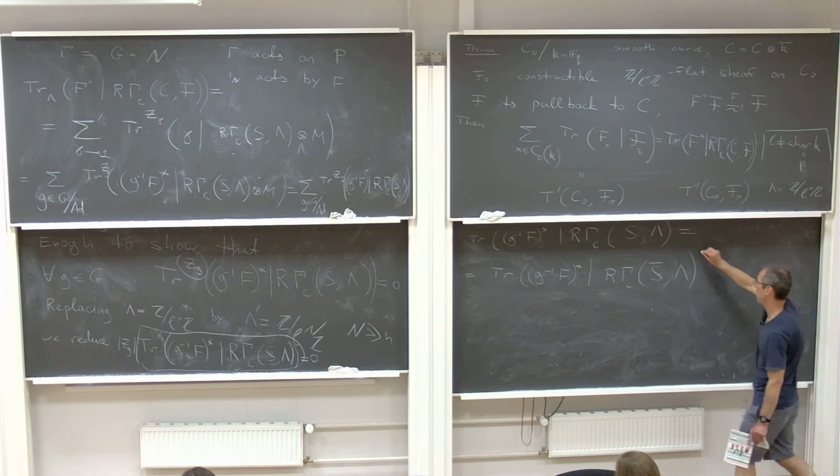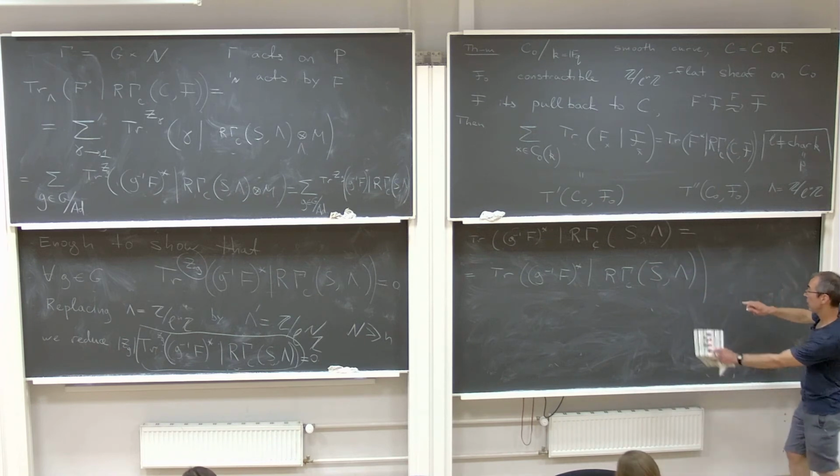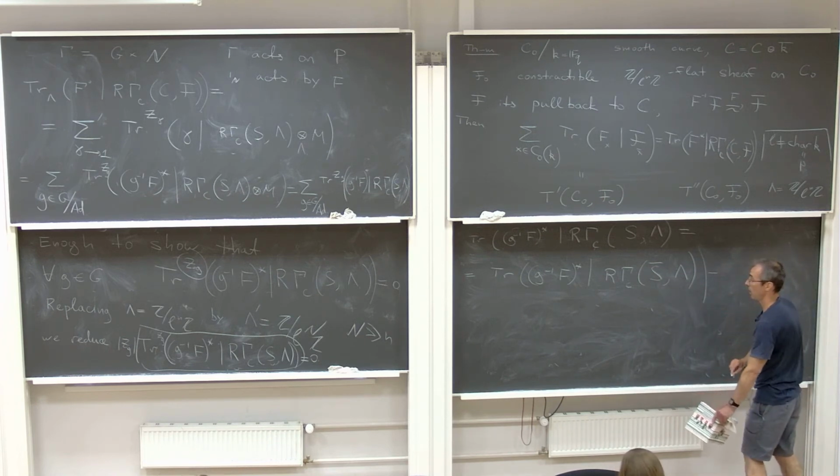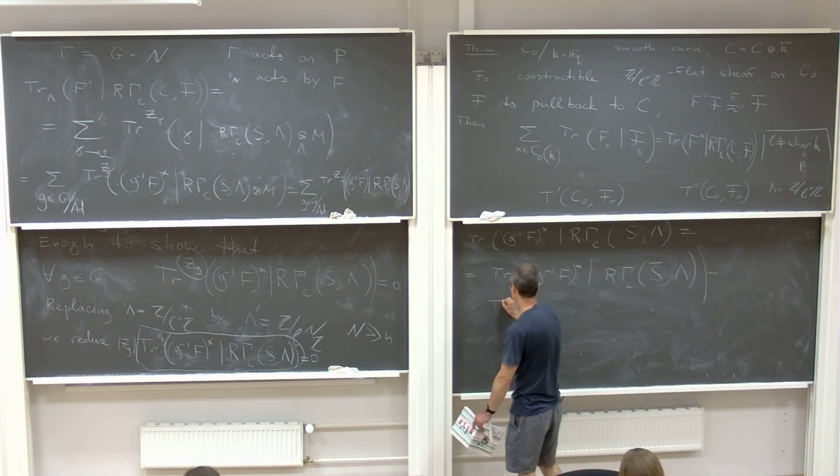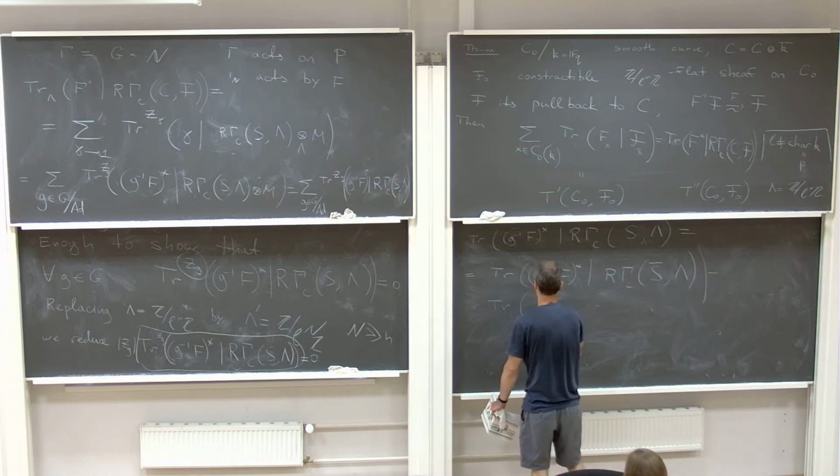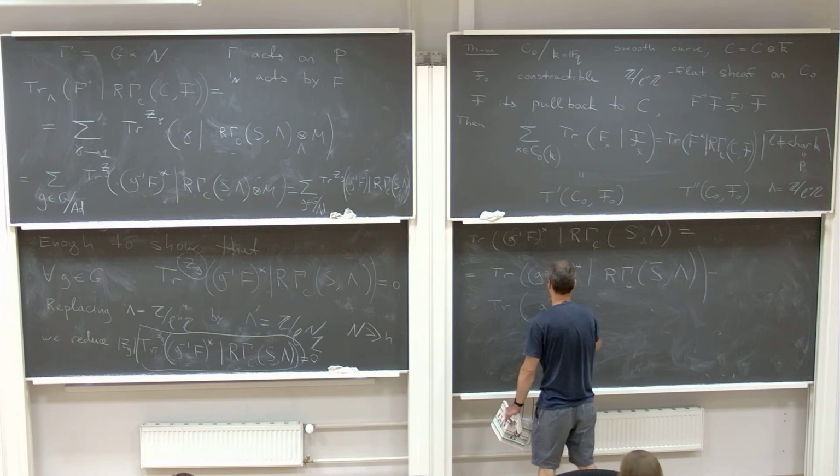because compactification is functorial, and I need to subtract the trace of this.